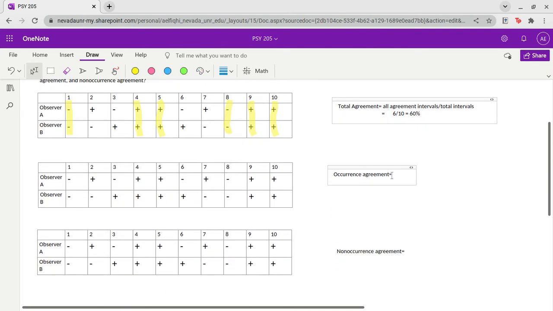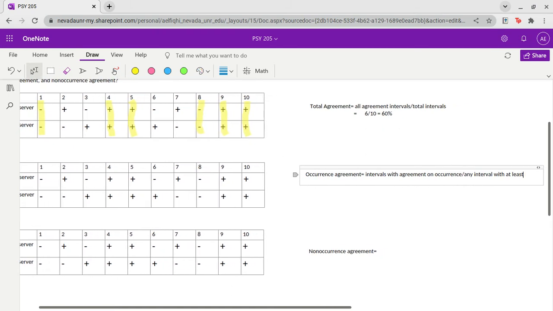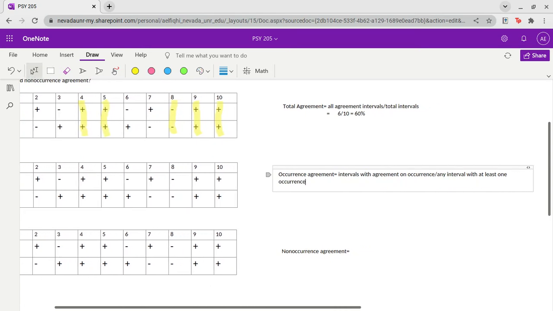Next, we're going to find the occurrence agreement. An occurrence agreement is, let me double check my notes, intervals with agreement on occurrences, divided by any interval with at least one occurrence.